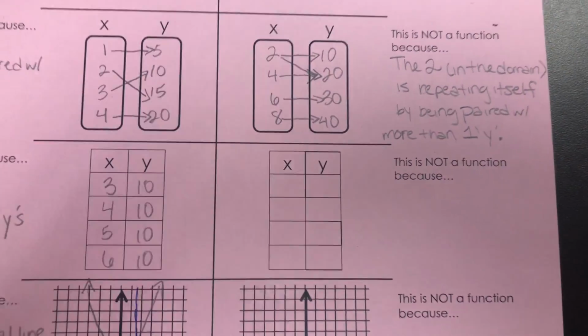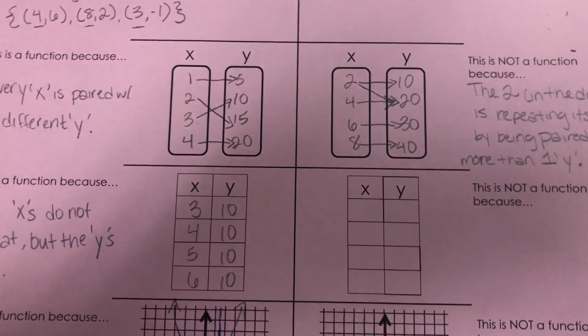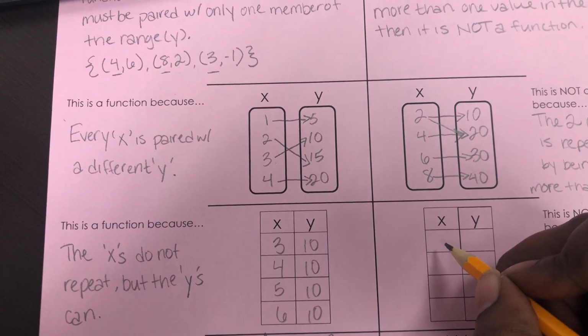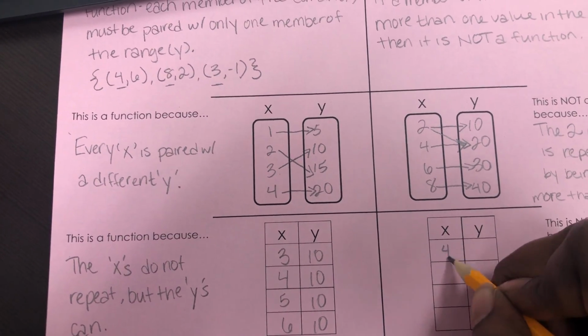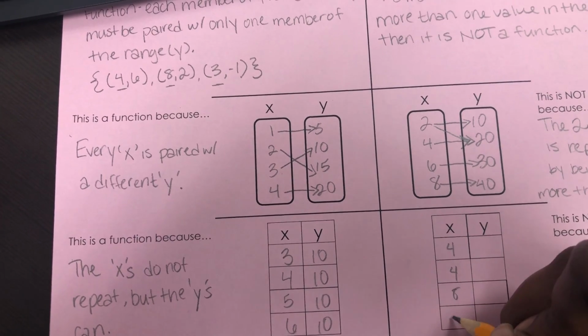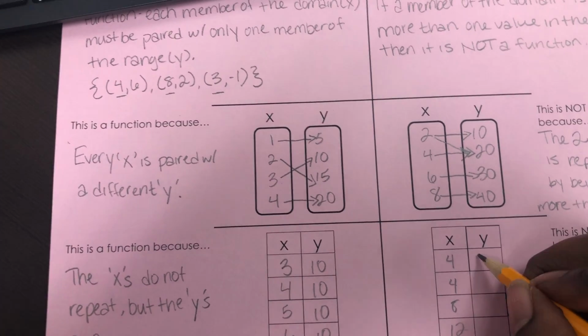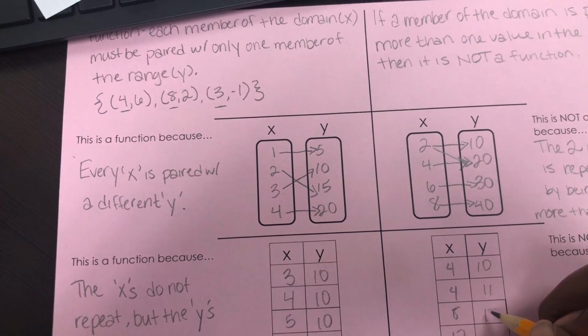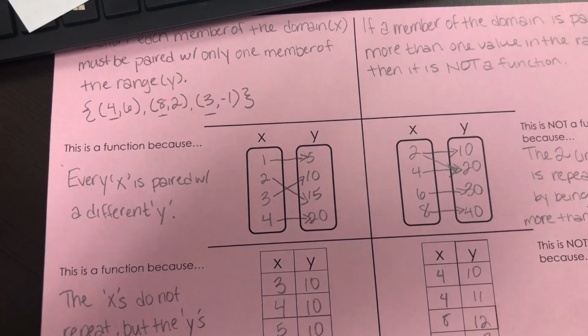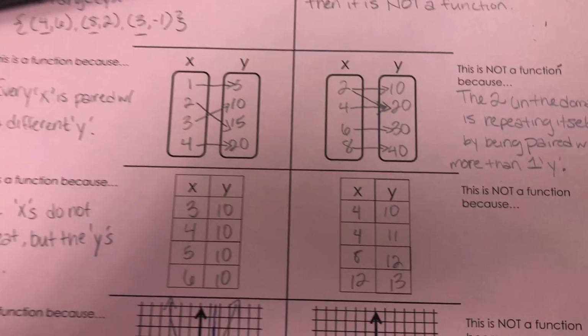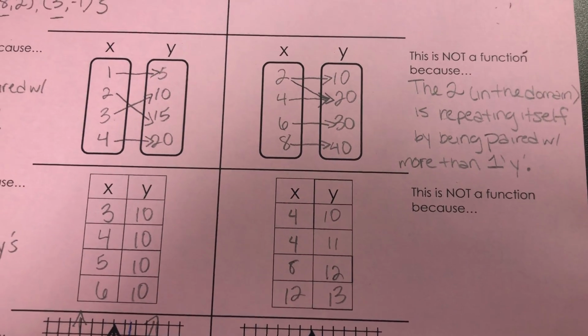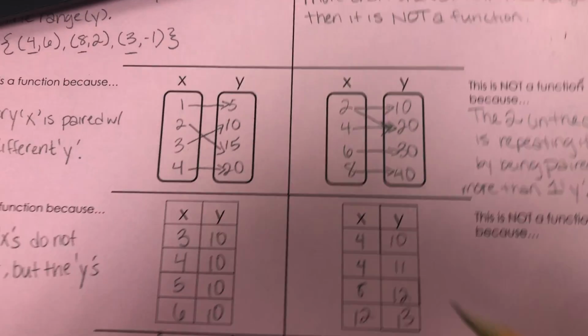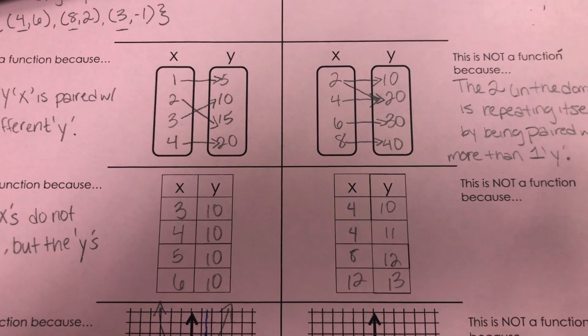So now for a table, an example of what would not be considered a function. Let's say we've got 4, 4, 8, 12 in the x's, and then 10, 11, 12, and 13. All right, so what's the problem here? All right, that 4 is repeating itself. That is not good.